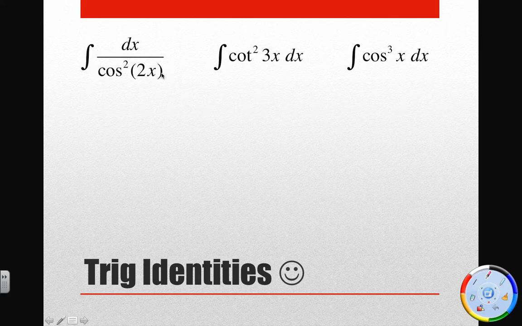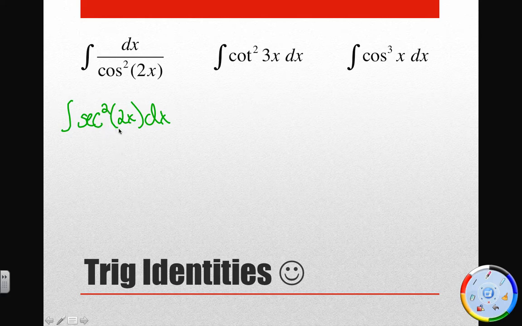Well, I can't do anything with something over cosine squared because I can't set up a u and a du and all that sort of stuff. So I know that something over cosine squared is actually secant squared. And I know the derivative of tangent is secant squared.